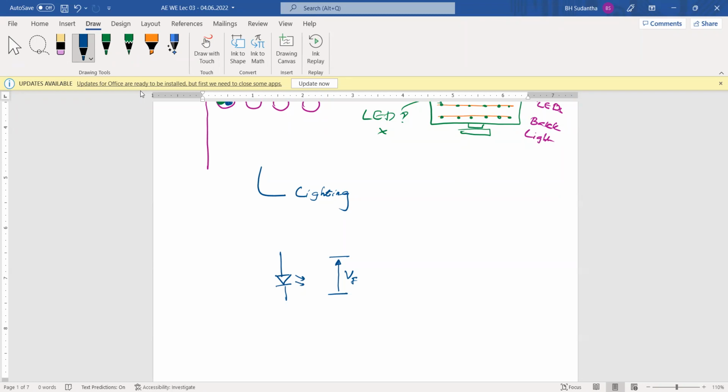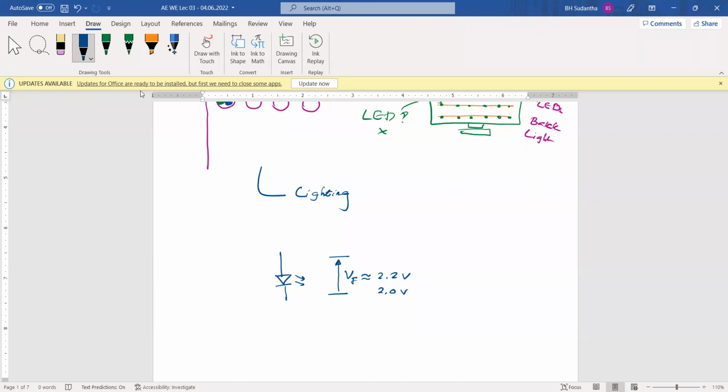But for LEDs, this one is different. For the LED, generally we take this as 2.2 volts or 2 volts. But depending on the color, the working voltage, the forward voltage is different. But generally, if you provide 2 volts, you can turn on these LEDs.